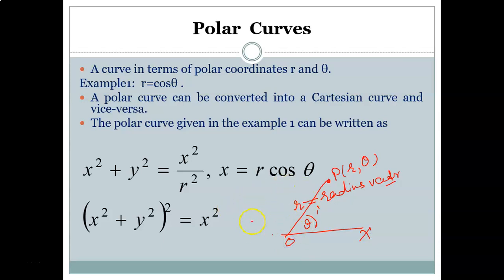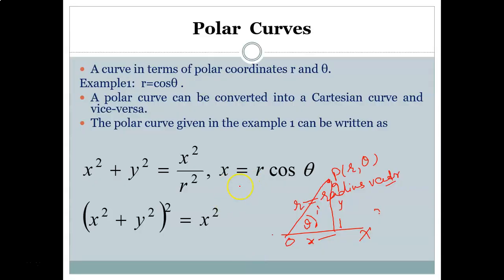So, from that figure already mentioned, this is x and this distance is y and this is r. Then obviously x equal to r cos theta, and y is equal to r sin theta.